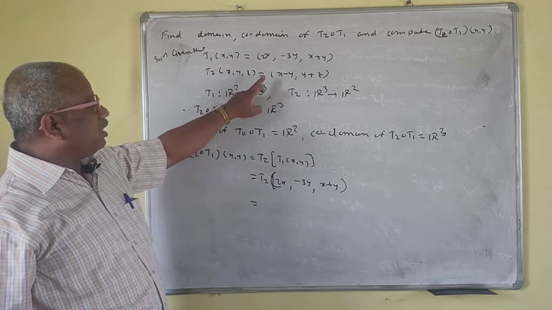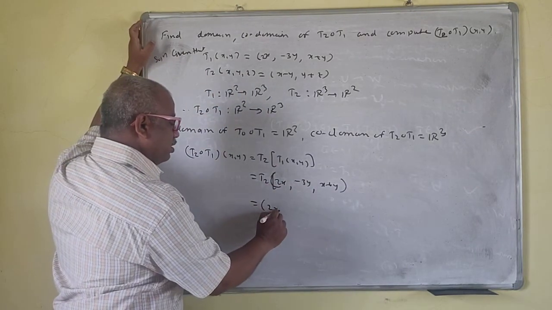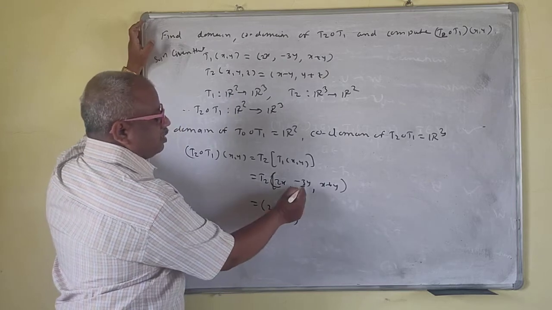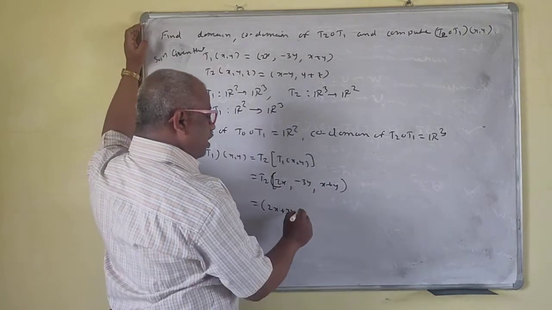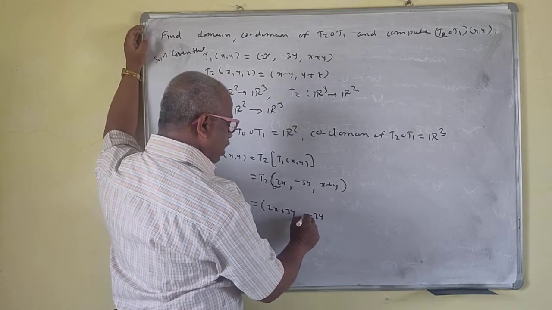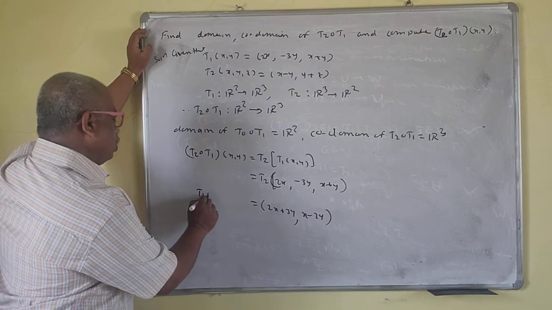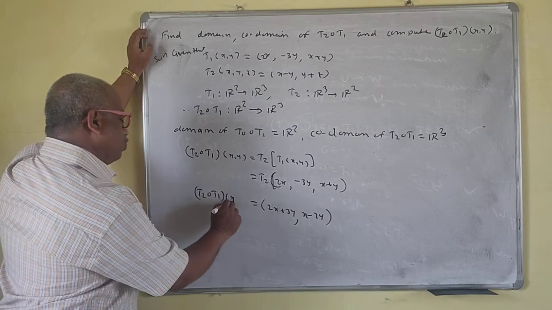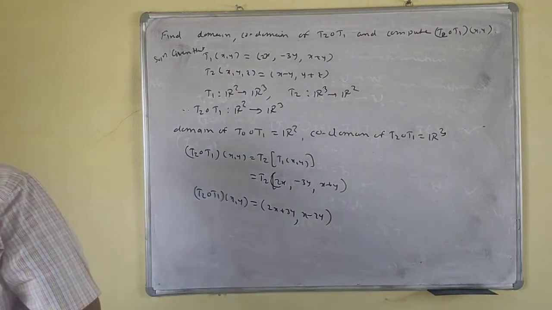T2 of X, Y, Z is X minus Y, Y plus Z. So this is your X, this is your Y, this is your Z. So this is X minus twice Y. So T2 of T1 of X, Y is equal to this. So this is the formula and the problem is over.